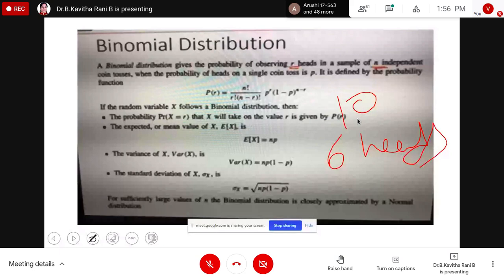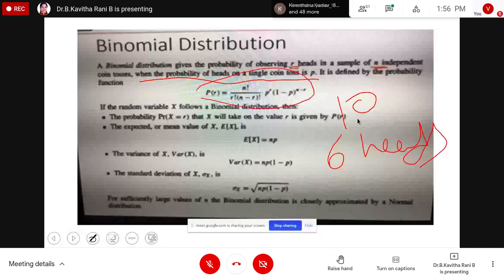So what binomial distribution is doing? It gives the probability of 6 heads when we are tossing the coin 10 times. When the probability of heads on a single coin toss is P, it is defined by this formula.